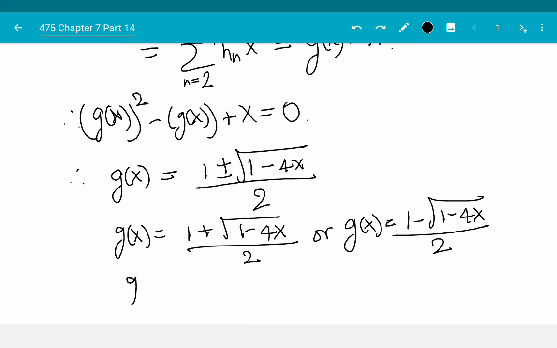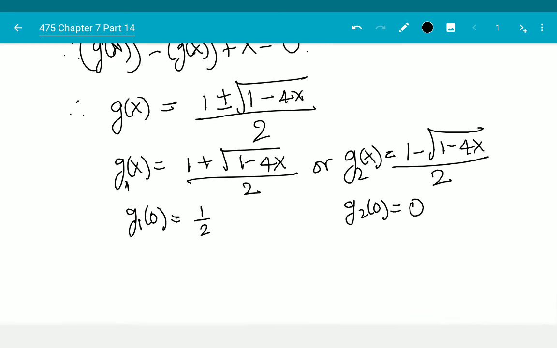And this one gives me g1 of x and g2 of x. This gives me g1 of 0 is equal to 1/2. And this gives me g2 of 0 is equal to 0. Well, I know that g of 0 should be just h of 0, which is 0.